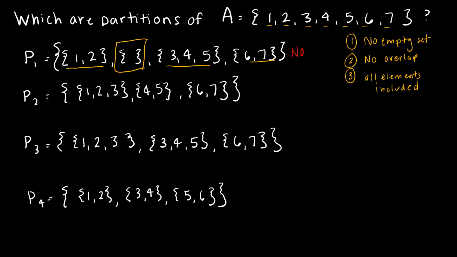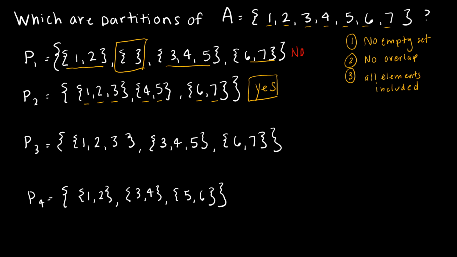Let's look at P2. P2 includes the elements 1, 2, 3, 4, 5, 6, 7. That's all of the elements, so all of the elements are included, and I didn't repeat any, so there was no overlap. There's also no empty set, so therefore this is a yes. It meets all three requirements.